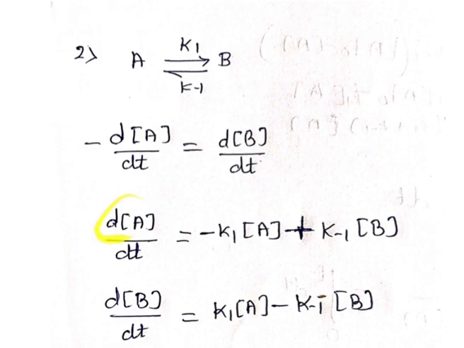Rate of change of concentration of A with respect to change in time is equal to minus K1 into concentration of A plus K minus 1 into concentration of B. This equation I have written, but I am going to explain how this equation comes.